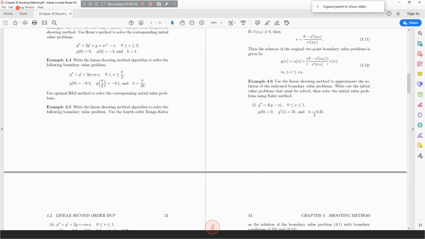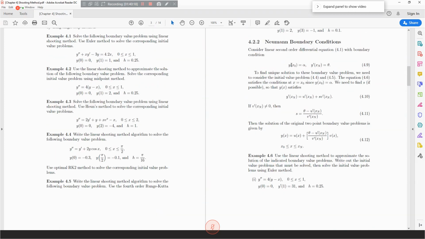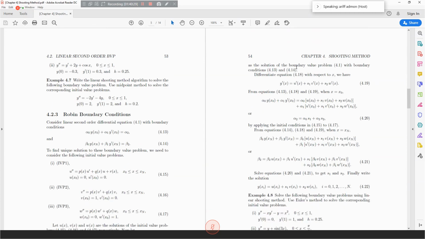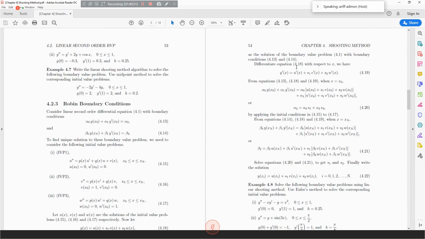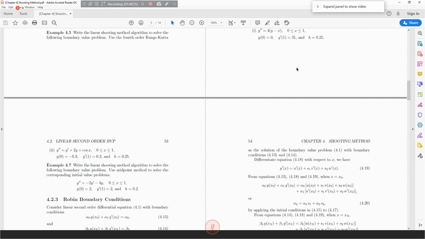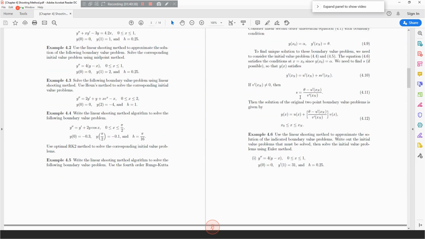How about if this is not y(x0)? Maybe we have another form of boundary condition. I didn't put it here. Let me stop this sharing and change to it.